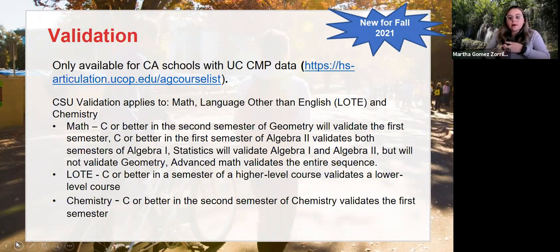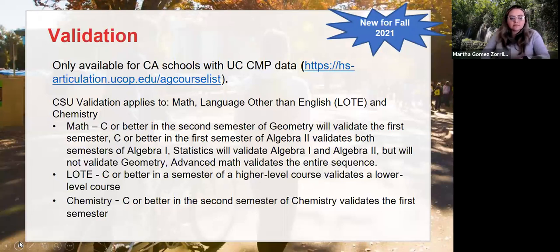For example, if you did badly in a math class like Integrated Math 1 and failed the first semester, but you did better the second semester, then that gets validated, AKA it's valid, like you passed with a C. So make sure you know that this applies to math, language other than English, and chemistry.